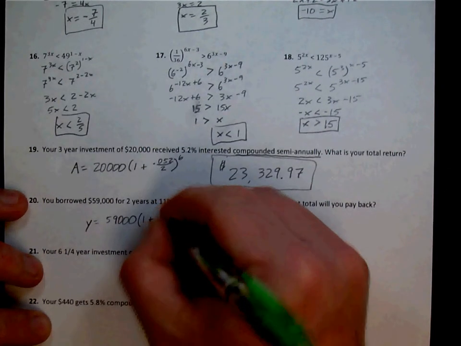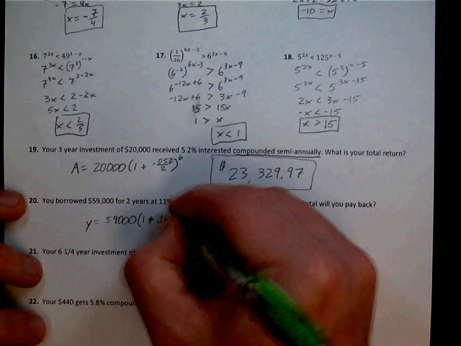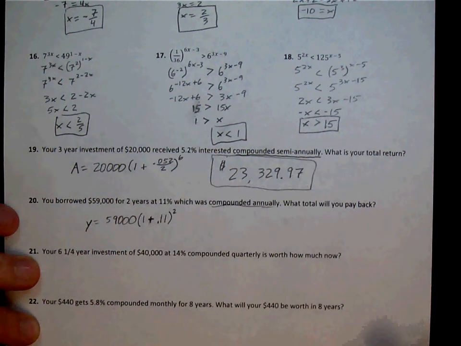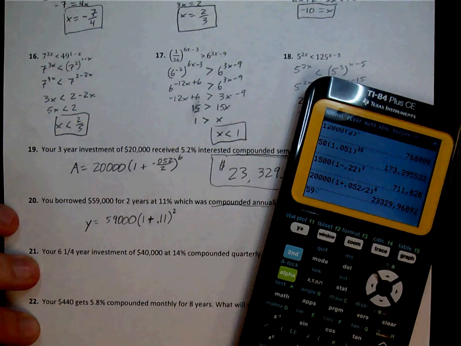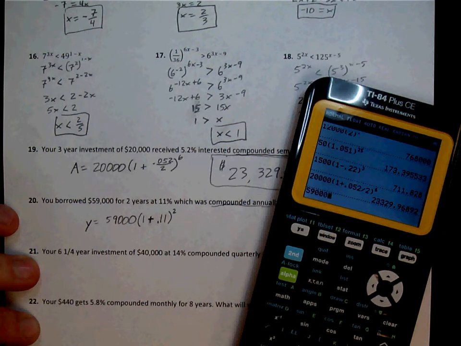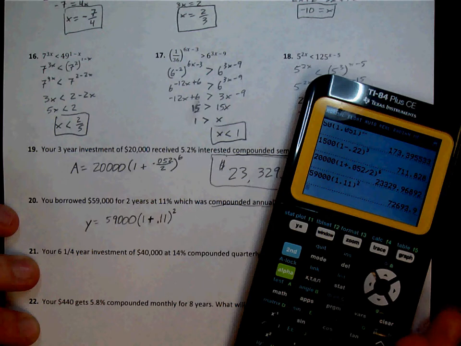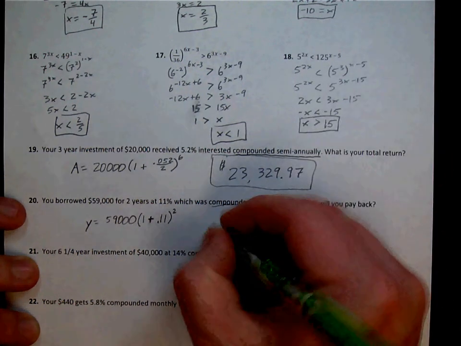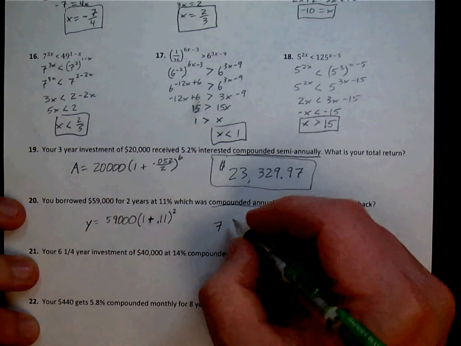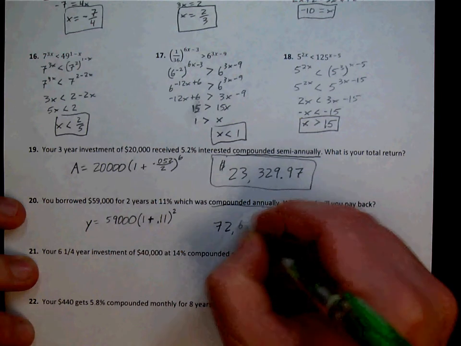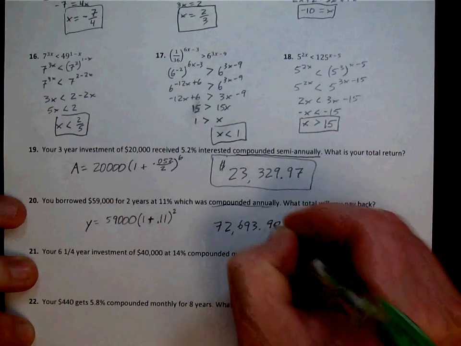Because it's annually, I'm not going to worry about it. So 1 plus 0.11 to the power of 2. So 59,000 times 1.11 squared. $72,693.90.